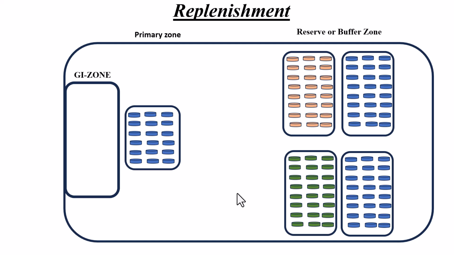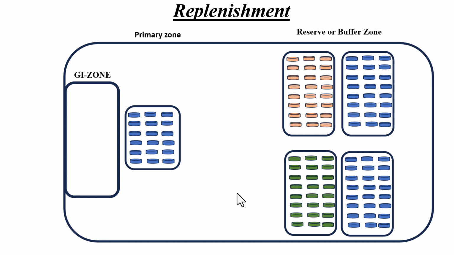The primary zone is where we store the most frequently selling products. So whenever the customer wants that product, we can pick it from the primary zone and issue it as soon as possible. To reduce the amount of work, we always maintain frequently selling products near the GI zone. This is called a primary zone.